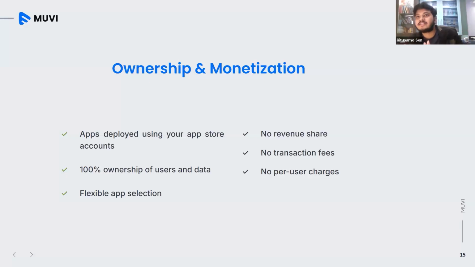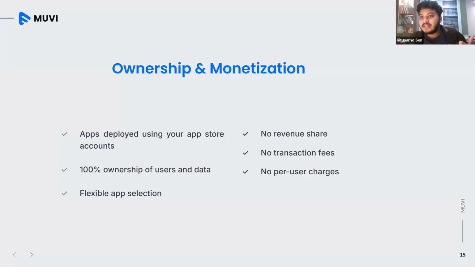Or let's say that they see that there is a Roku TV prevalent audience in their user space. So we always give a choice to our customers. You only pay for what you are going to earn, what you are going to own. So flexible app selection is one of the core things that we support.